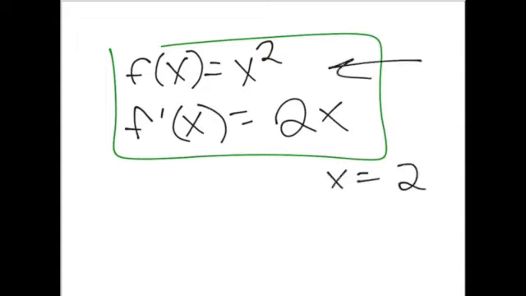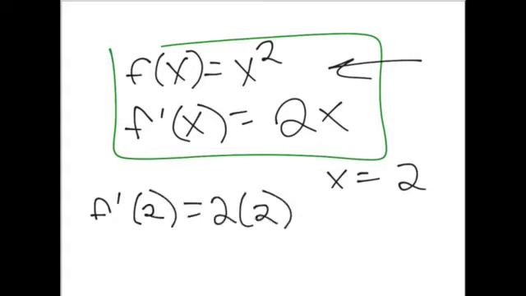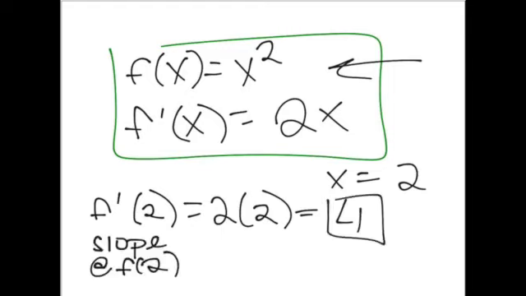The slope on the graph of x squared at point x equals 2 can be found by plugging in 2 into f prime. So 2 times 2, 4. The slope at f of 2 equals f prime of 2 equals 4. That's basically what we're finding here.